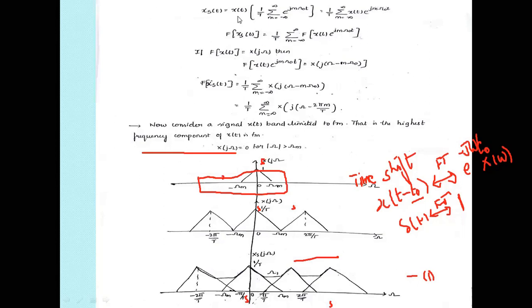The x delta of t is equal to x of t times 1 by Ts, the sum of m equal to minus infinity to infinity, of the function e power j m omega naught t.